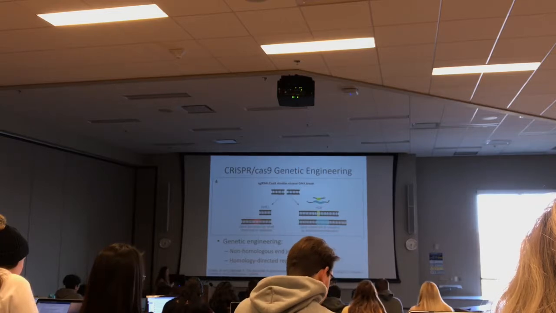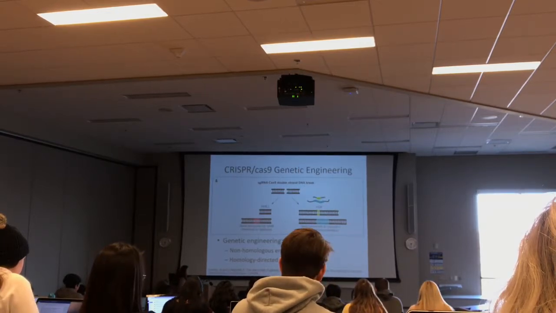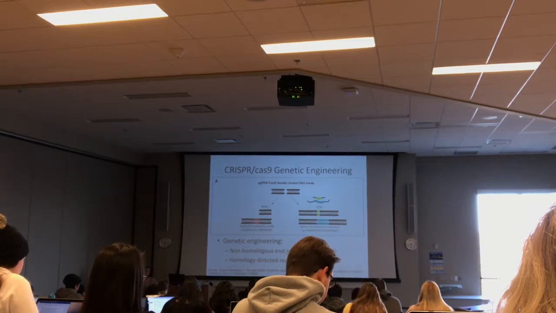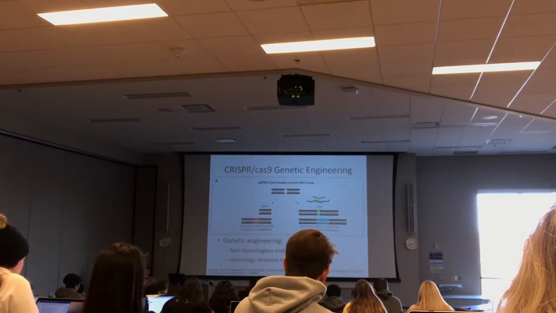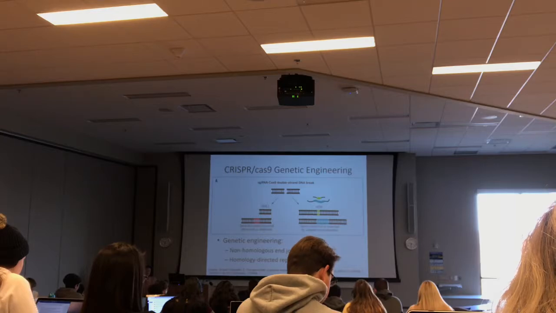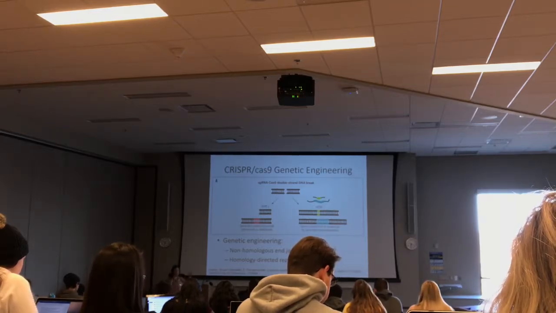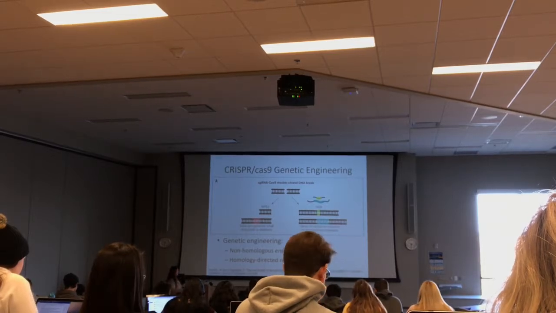Now, if you want to do more complex revisions, like insertions or truly edit, like make a single nucleotide base change, you're going to have to supply a short sequence of DNA for homology-directed repair. Okay?